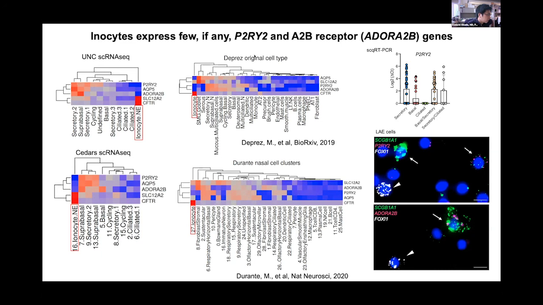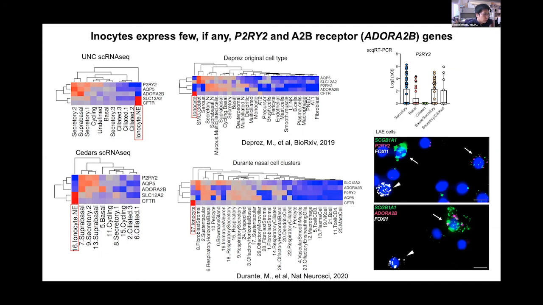And this is another data set published on bioRxiv: ionocytes express high CFTR but low P2RY2 and ADORA2B. And then we looked at P2RY2 expression for each cell type using the single cell qRT-PCR, which was used previously. The secretory cell definitely expresses P2RY2.